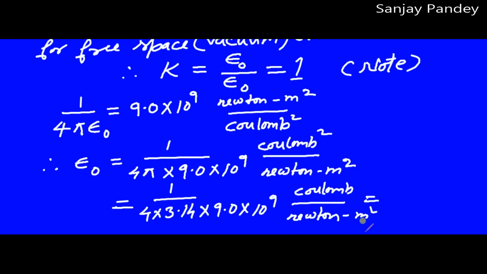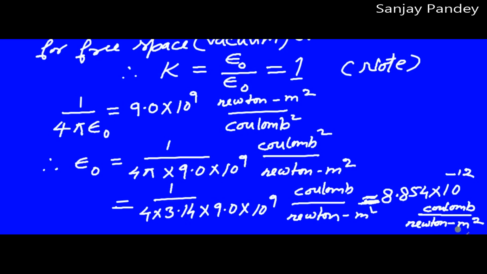It will be equal to 8.854 into 10 to power minus 12, approximately, not exactly, Coulomb upon Newton meter square.